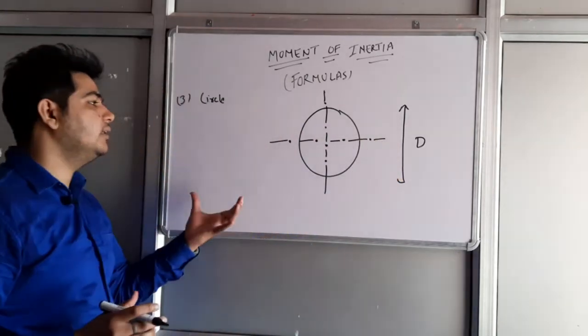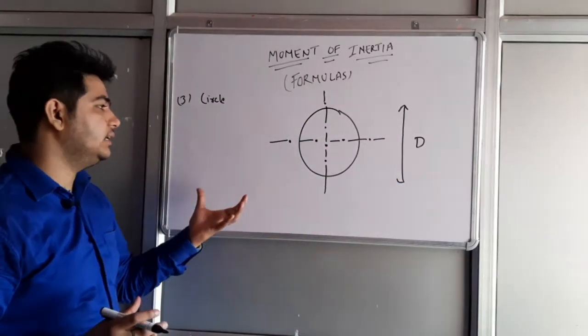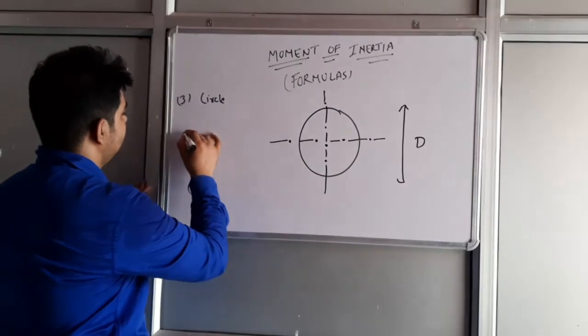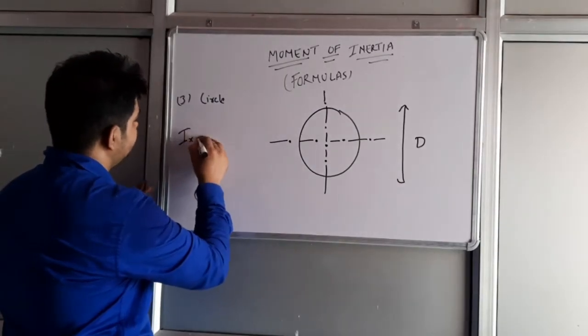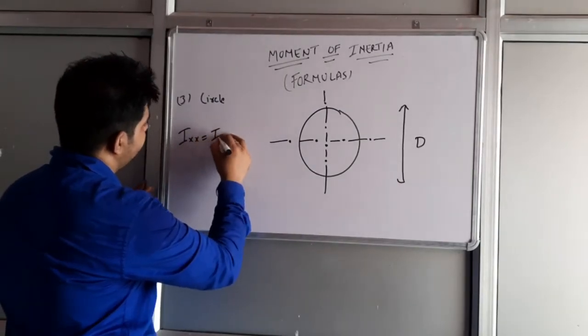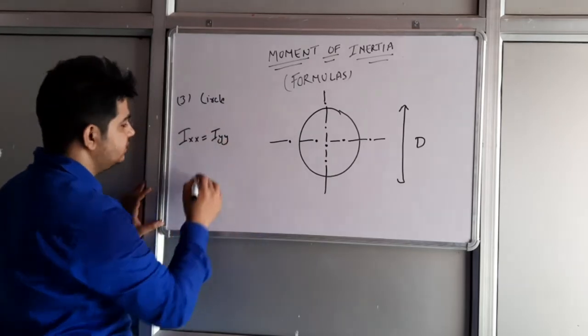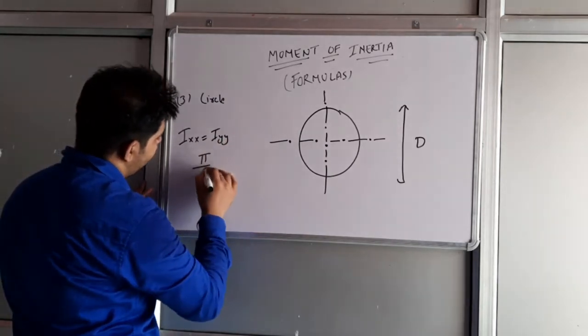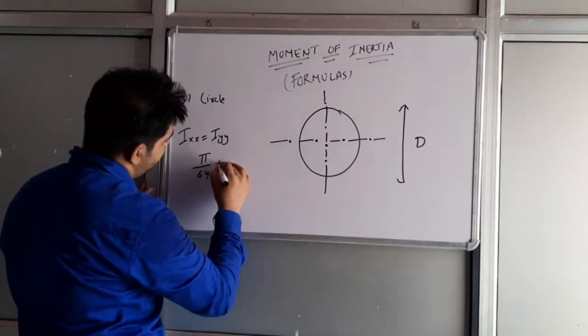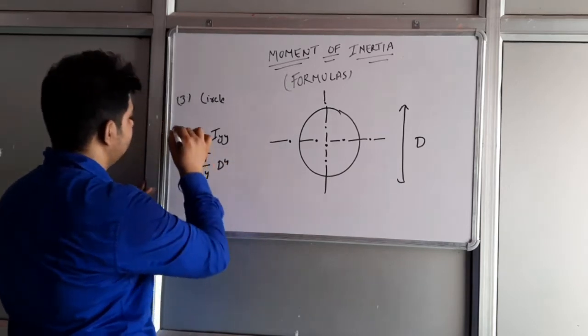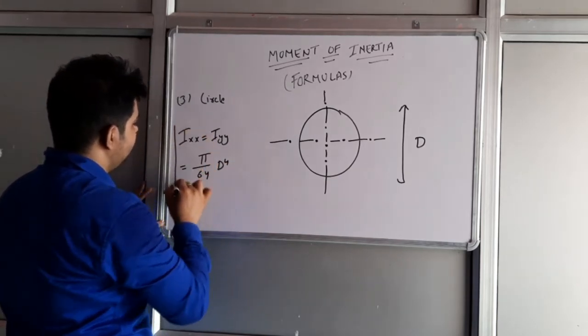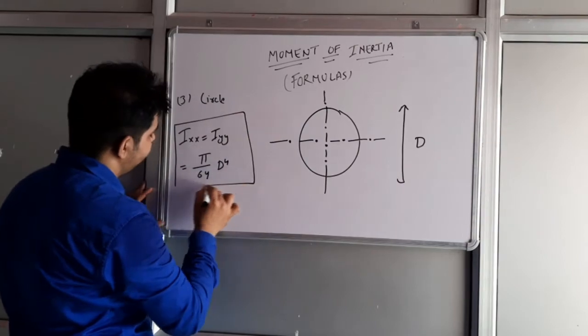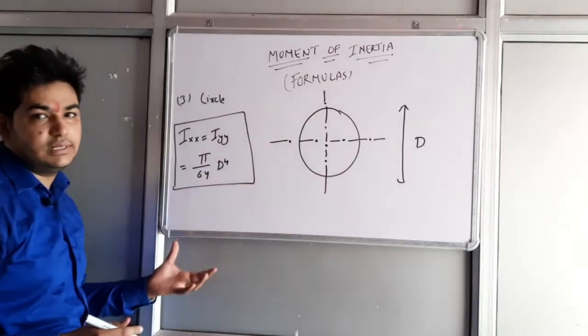So for circle, the moment of inertia will be the same for Ixx and Iyy, which is pi by 64 D to the power 4. This will be the formula for moment of inertia for circle.